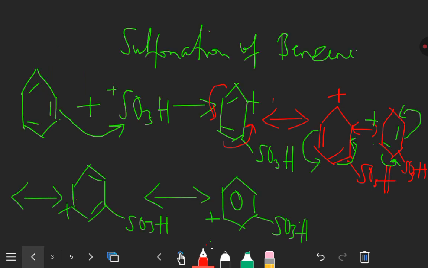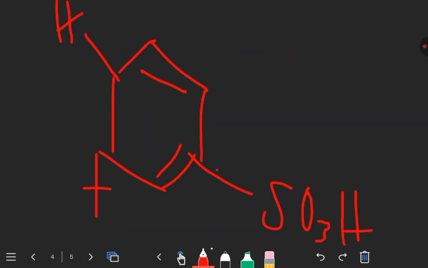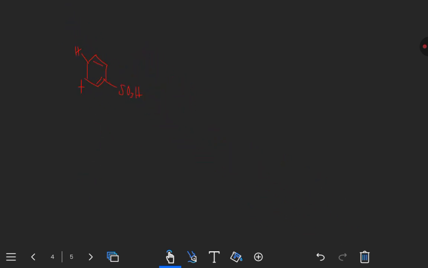So now we can use the base which we just formed earlier. So this is the base we are going to use. Okay, so we can now use the base which is negative SO₃H. Alright, so let's now use that base. So let me just write this.